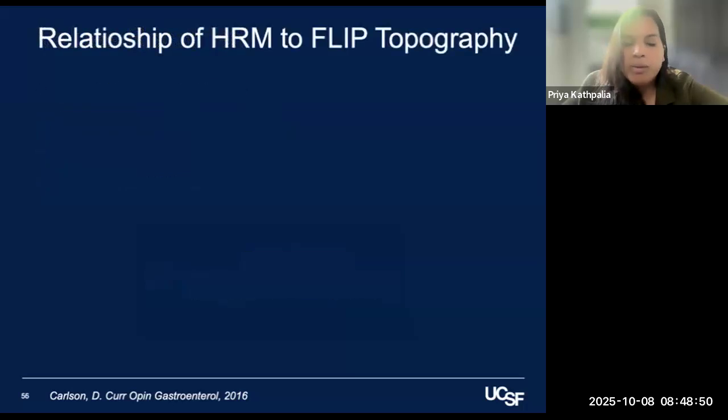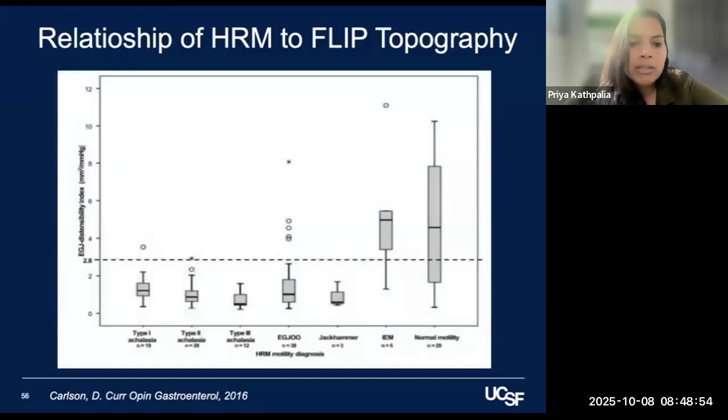Now, what's the relationship of manometry to FLIP? Well, this is a nice study showing the correlation of manometry findings to distensibility index. You can appreciate that patients who have achalasia or outflow obstruction, or even a hypercontractile esophagus, tend to have a distensibility index of under 2.